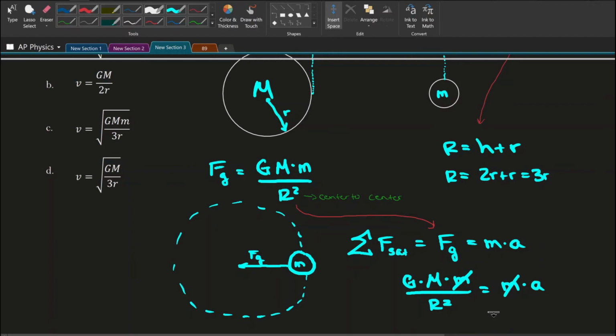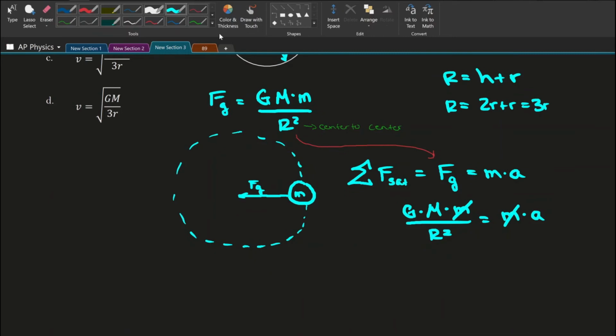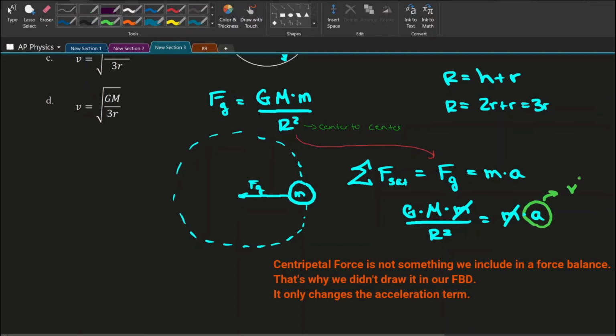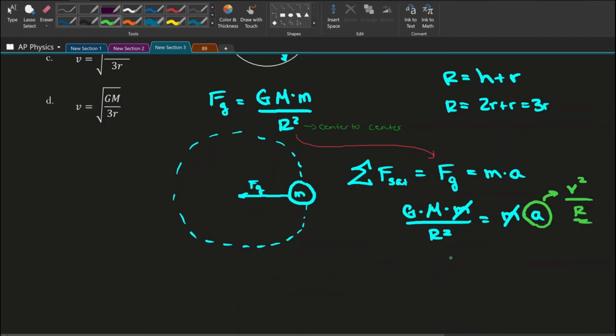They said that it is traveling in circular motion. Now that should instantly, in my mind at least, trigger a bell that we're doing circular motion, so this is a centripetal force, and our acceleration now is equal to the velocity squared divided by the radius of the path. And if you're wondering, this R right here is equal to this R right here.